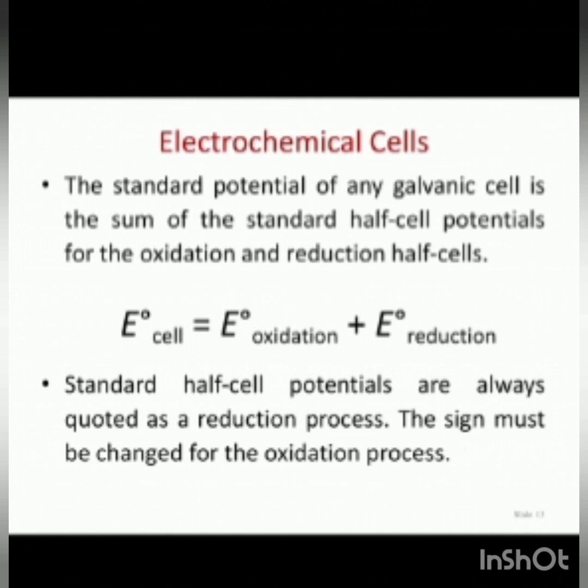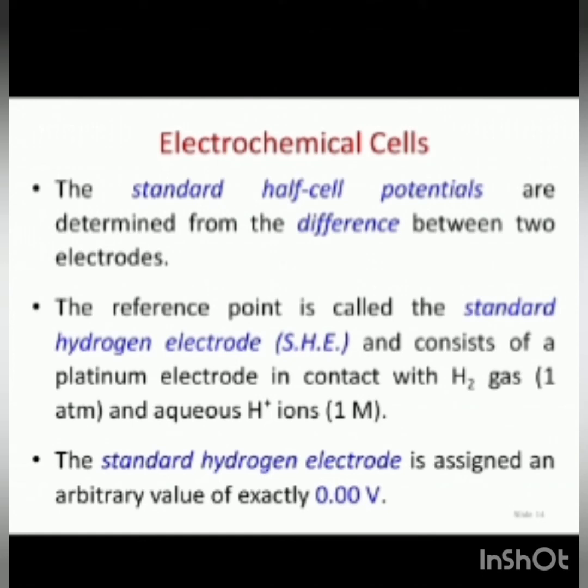It means that E° cell equals E° oxidation plus E° reduction in its standard form. Standard half cell potentials are always quoted as a reduction process. The sign must be changed for the oxidation process. So the standard half cell potentials are determined from the difference between two electrodes.